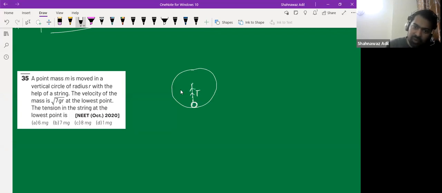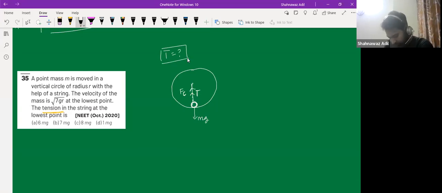We also have centripetal acceleration towards this center and mg downwards, right? And what we need to calculate is the tension. So T we have to calculate, right, guys?